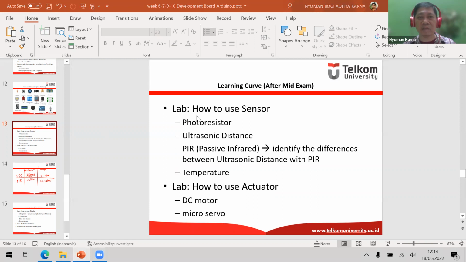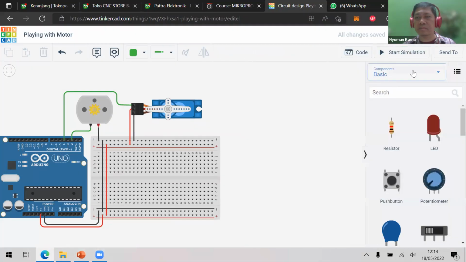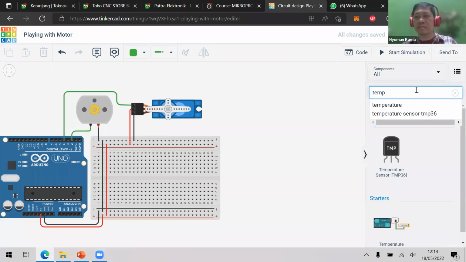There is a temperature sensor in here, the TMP36.